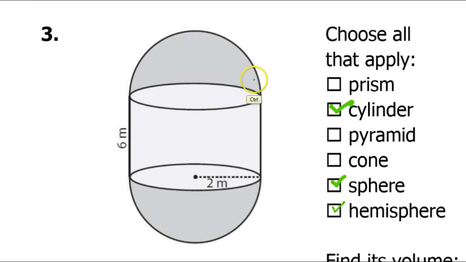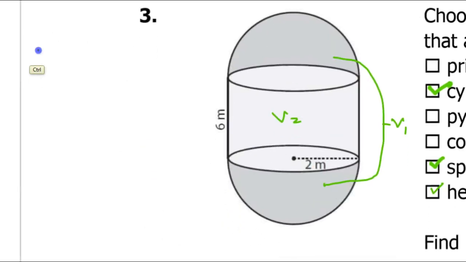When I talk about the sphere, both halves, I'm going to consider this to be volume 1. And then the cylinder, I will call that volume 2. So volume 1 is a sphere. The formula for the volume of a sphere is 4/3 pi times the radius cubed. The radius of the sphere is the same as the radius of this cylinder. That's 2.